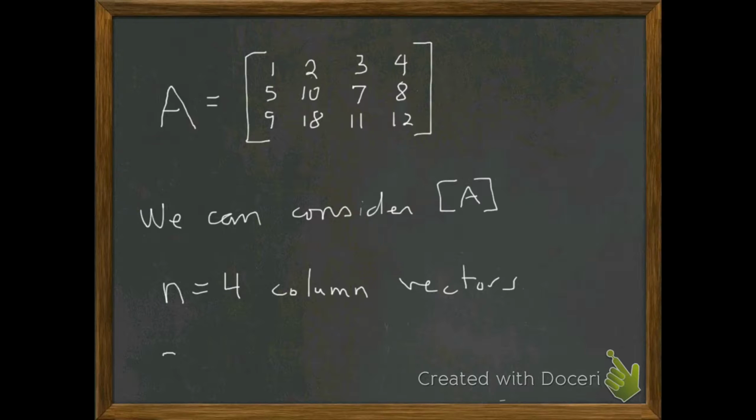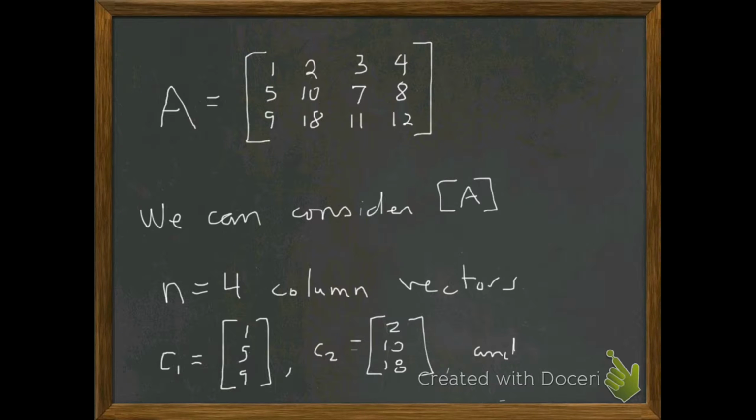So, for lack of imagination, we could call column 1 (1, 5, 9), and we could call column 2 obviously (2, 10, 18), and so on.